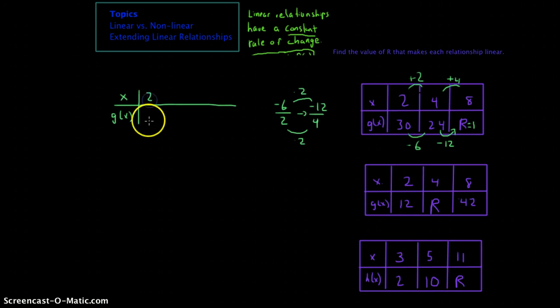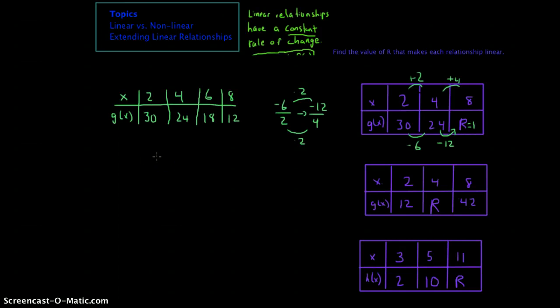So 2 goes to 30. 4 is going to go to 24. Well, if we think about it, if every 2 we go down 6, this would be 18. Well, let's do that one more time. 8 is going to go to 12, okay?